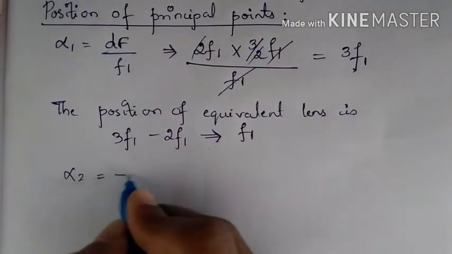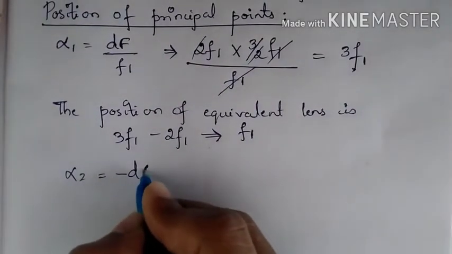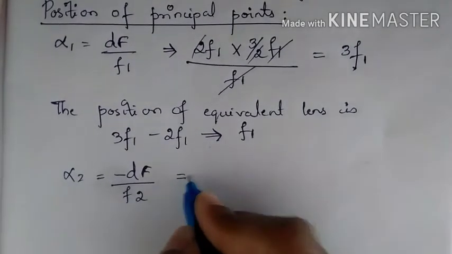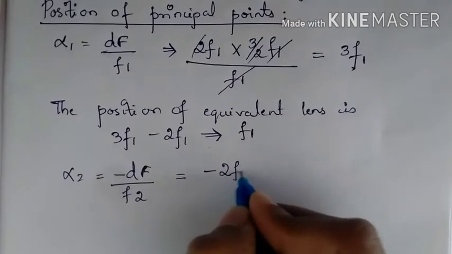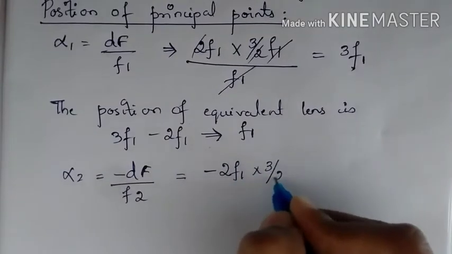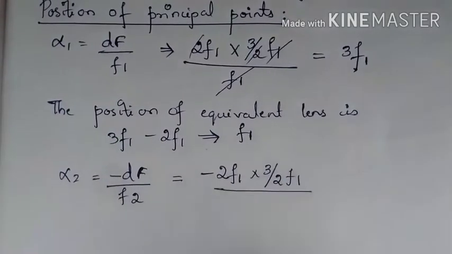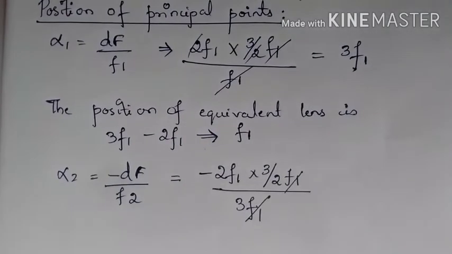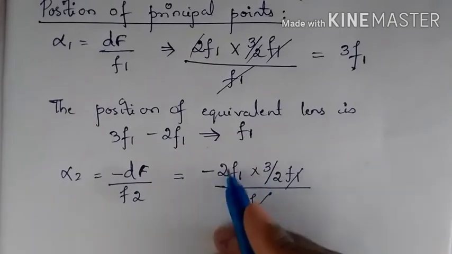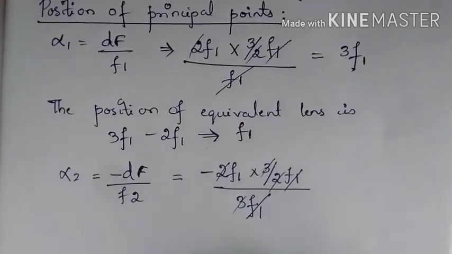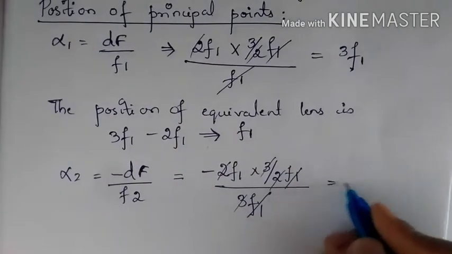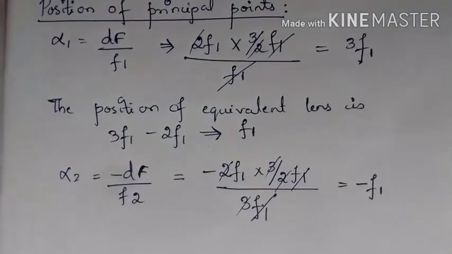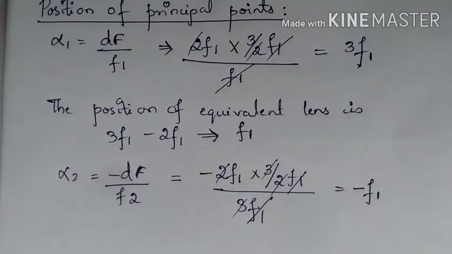Alpha 2 is equals to minus df divided by f2. So that is equals to minus 2f1 multiplied by 3 by 2 f1 divided by 3f1. So f1 will get cancelled, and again here 2 will get cancelled, 3 will get cancelled. What remained is minus f1. So here alpha 2 is minus f1.